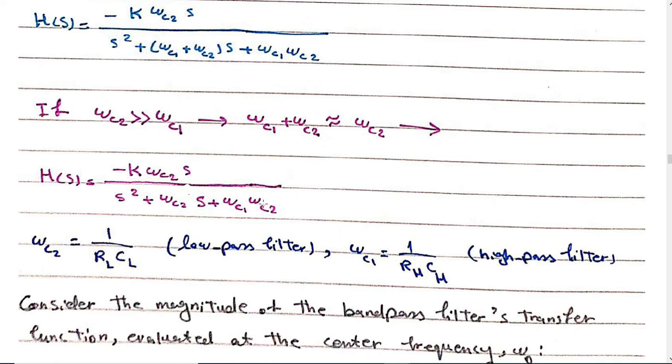Why do we do that? Because we want to get the same area between the lower cutoff frequency and the midpoint, and from the midpoint to the higher frequency. That's why for a broadband filter, the midpoint is the square root of higher frequency multiplied by lower frequency.